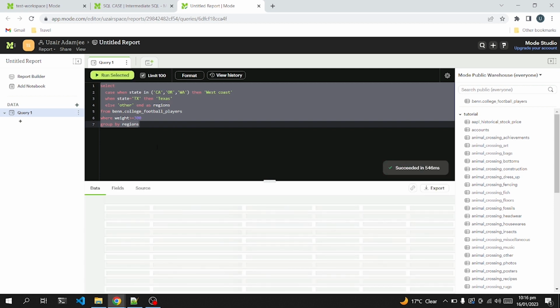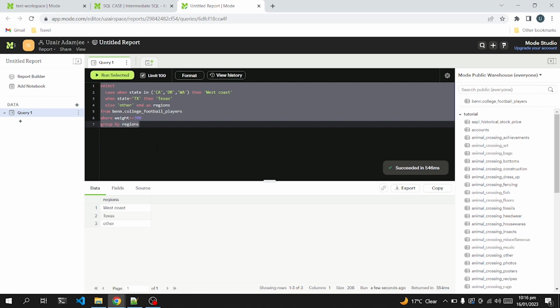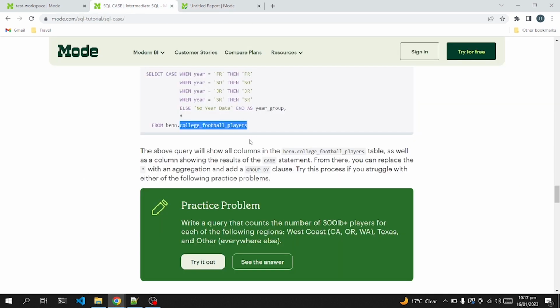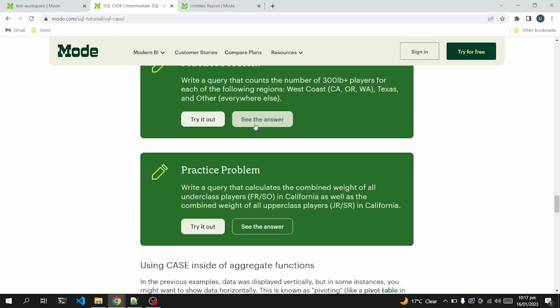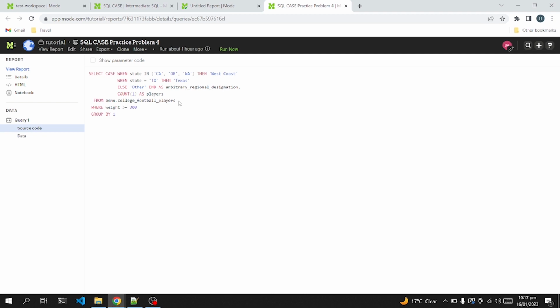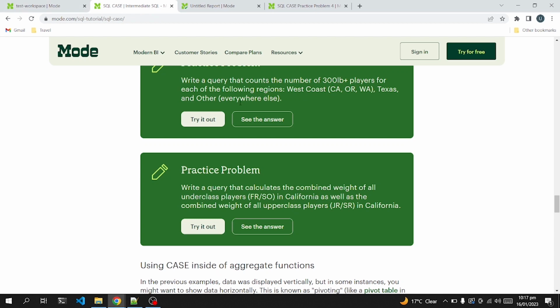So here we first write the case statements, divide the states into different regions, and then we just get all the values which have weight greater than 300, and then just group by the region column. Let's check the answer. Yeah, so we have written it right, but we have to count it.